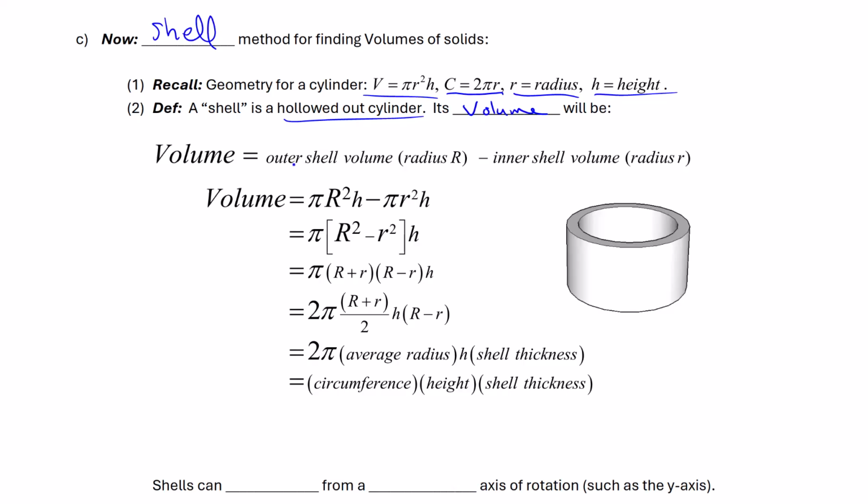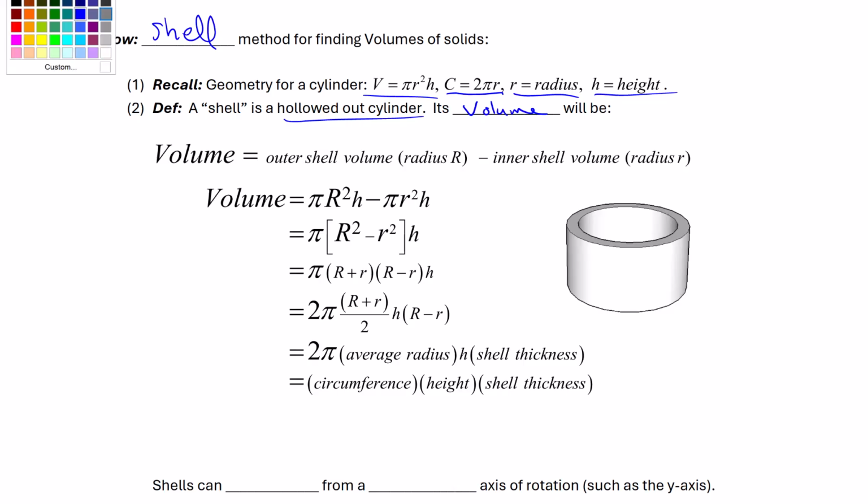It's the outer shell volume with the larger radius, take away or minus the inner shell volume with the smaller radius. Now, it's helpful to look, I think, at a picture of a hollowed out cylinder. So let's do just that. Imagine drilling out the center of a cylinder so that you have a cylinder on the outside and really a cylinder on the inside that's just hollowed out.